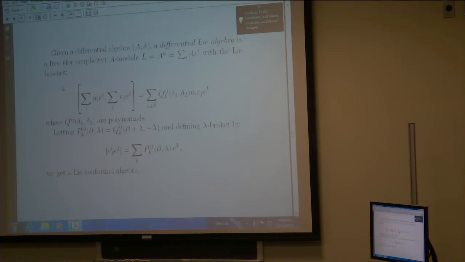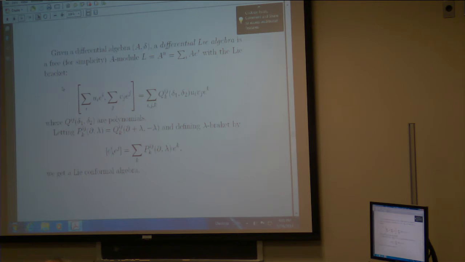Then when you compose two of those operators, you get a law like this. Here I consider just the case of one derivation. You can do it with one or several.